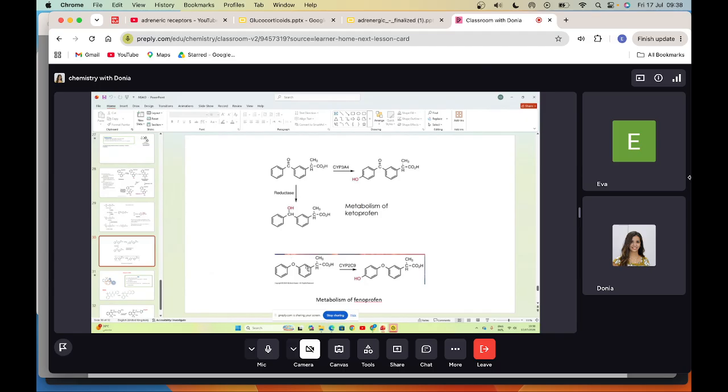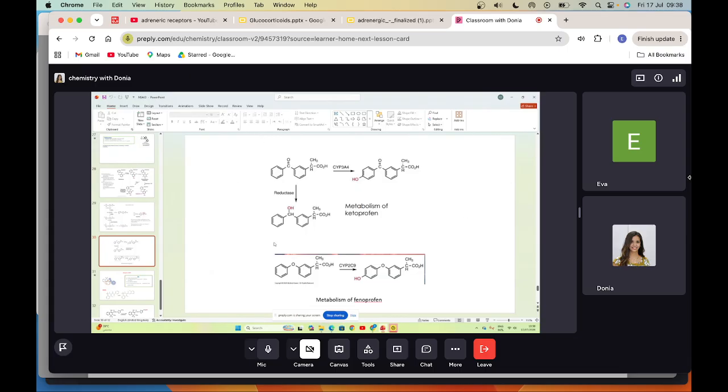Another drug, also from the aryl propionic acid, is ketoprofen. How do I know that it belongs to this class? Again, I have an aromatic ring, CHCOOH, and on this carbon, a methyl group. So it is aryl propionic acid.